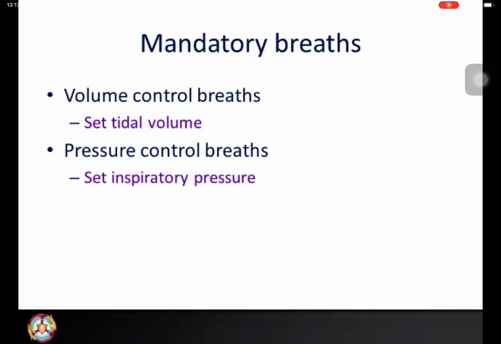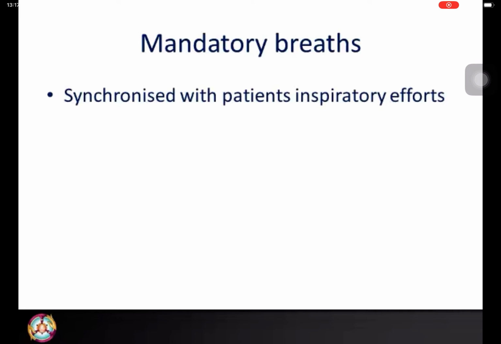The mandatory breaths can be volume preset breaths, pressure preset breaths, or pressure limited volume guaranteed breaths.